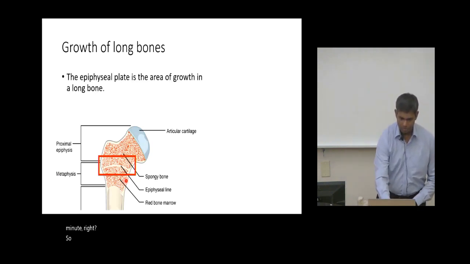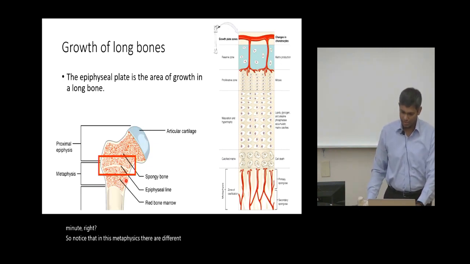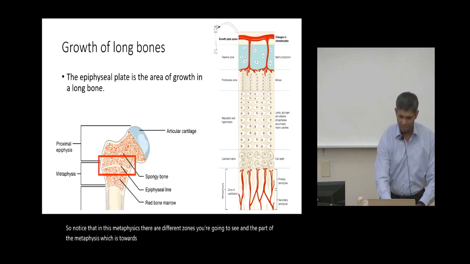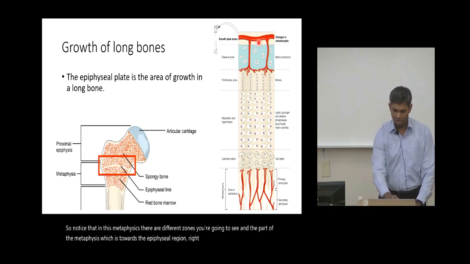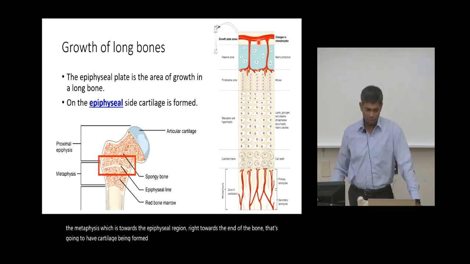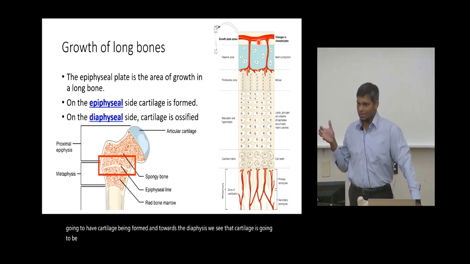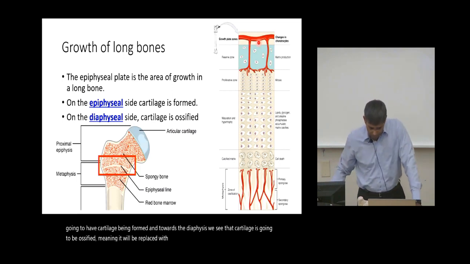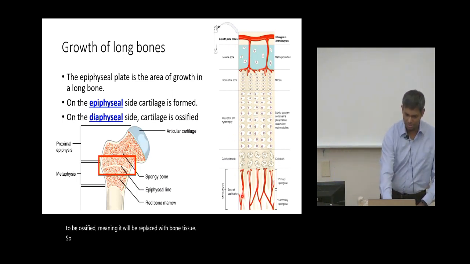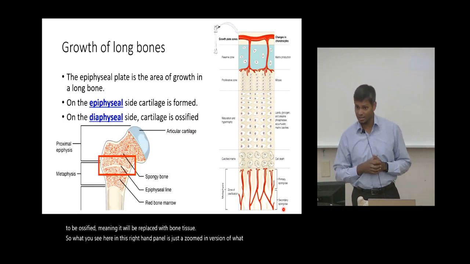So notice that in this metaphysis there are different zones you're going to see, and the part of the metaphysis which is towards the epiphyseal region, towards the end of the bone, is going to have cartilage being formed. And towards the diaphysis, we see that cartilage is going to be ossified, meaning it will be replaced with bone tissue. So what you see here in this right hand panel is just a zoomed in version of what you would see in the metaphysis.